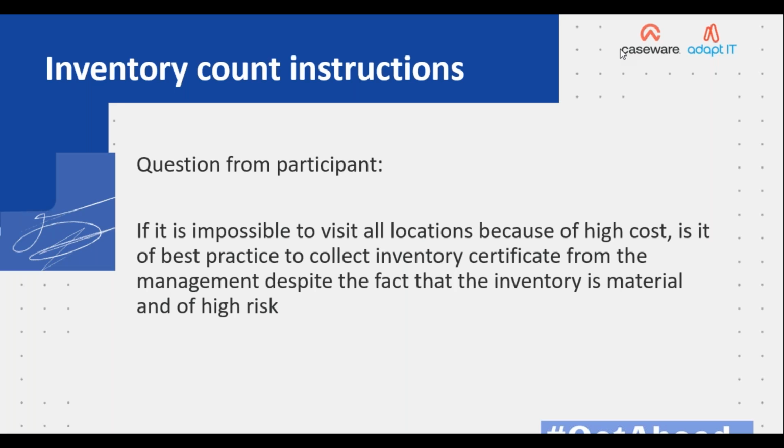So if you would recall the presentation that we've done so far around the considerations when you're performing your inventory count, then you could consider the highest risk location. You might want to attend to that one, or the locations with the most movement.